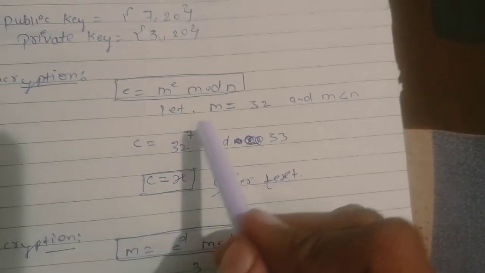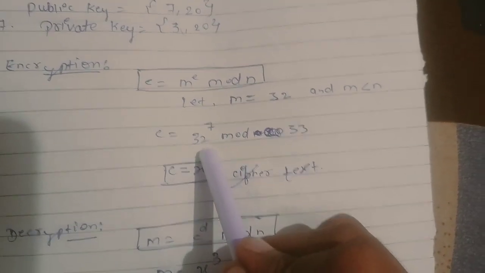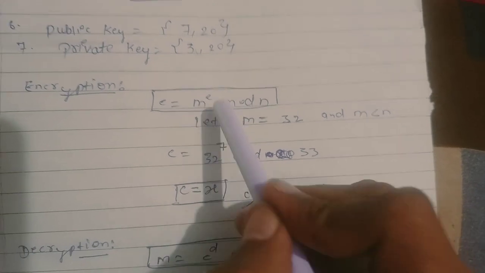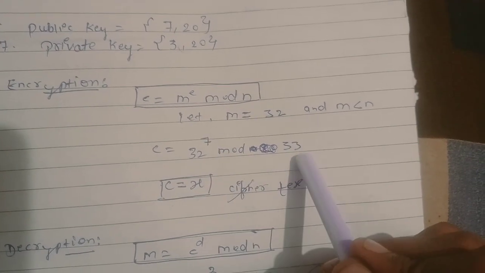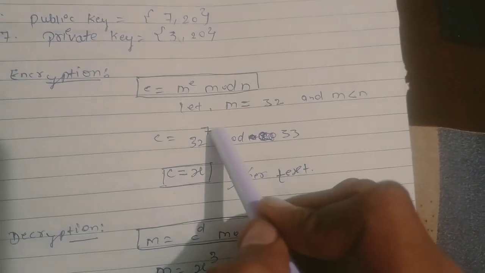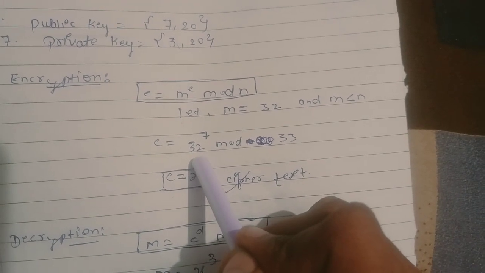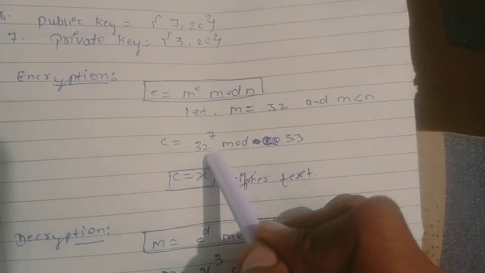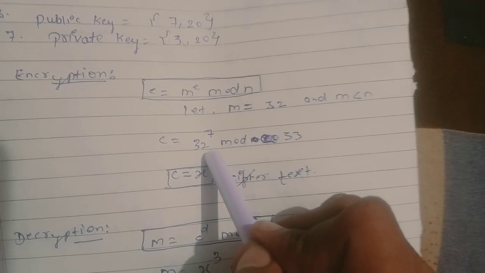So again we put these values in our formula. C equal to 32 to the power e, and e is 7. So 32 to the power 7 mod 33. I don't know 32 to the power 7 offhand; I need to use a calculator to calculate this value, because it is going to be a very big number.